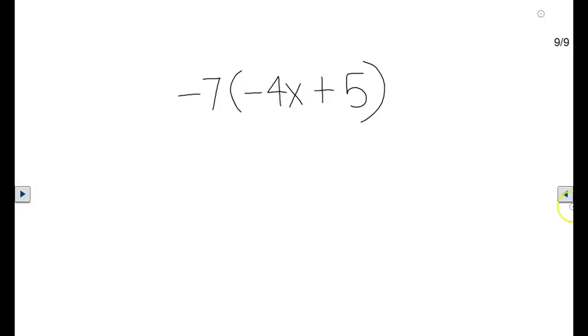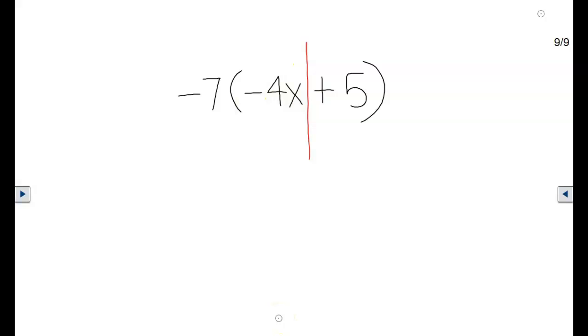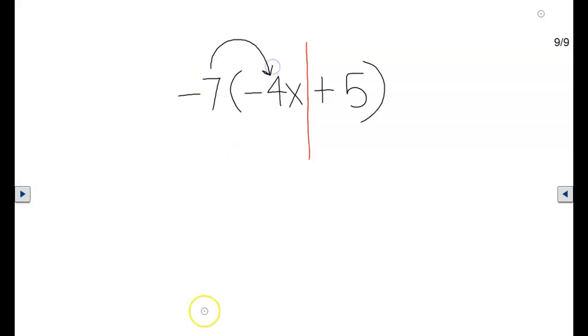All right, so here we go. Let's look at our group members, because remember, now that's what we want to do. First group member is negative 4x. Second group member is positive 5. So we're going to multiply both of those group members by this negative 7. So first up, negative 7 times negative 4x.